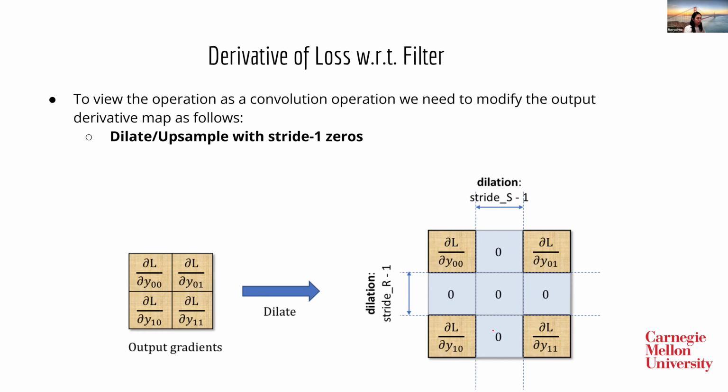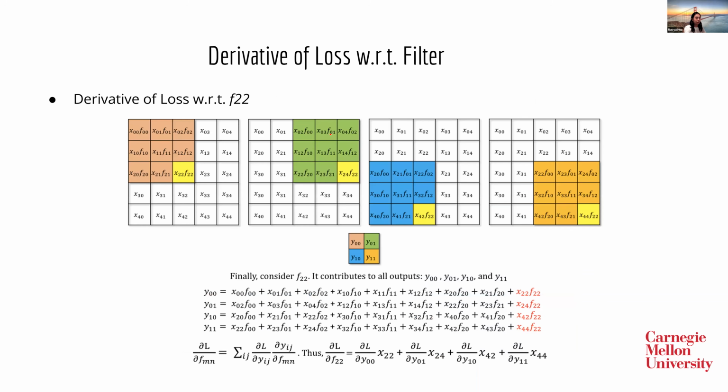Because when we slide 2 positions in each step, we are actually dropping the output of the intermediate values.